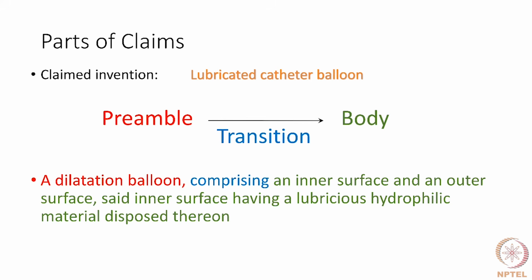So the lubricious hydrophilic material in the inner surface, which forms a part of a dilatation balloon, makes this invention unique. You need to understand, the more patent specifications you read, you will get comfortable with the structure of the claim. So claims, if they are for a combination, normally have these 3 parts: a preamble, a transition, and a body. Let's look at another example.